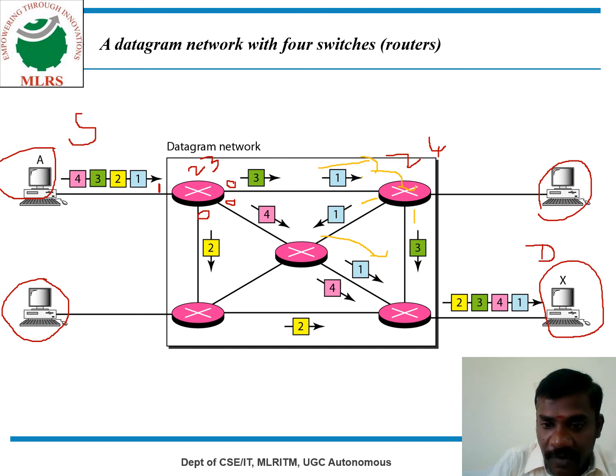So finally, all the packets reach the receiver, but they are out of order. Out of order is nothing but not being received correctly. That is the drawback in the datagram approach, that the route is not established.